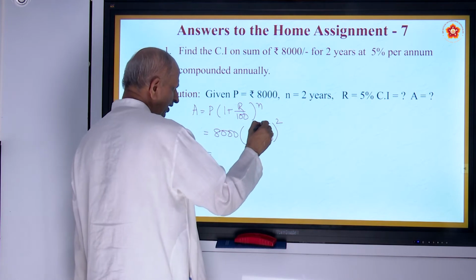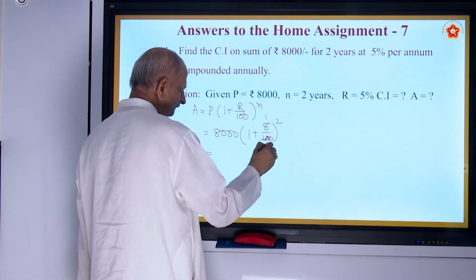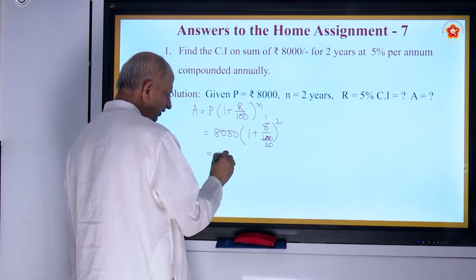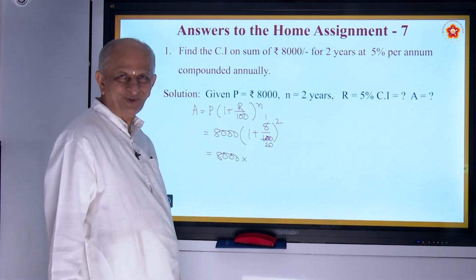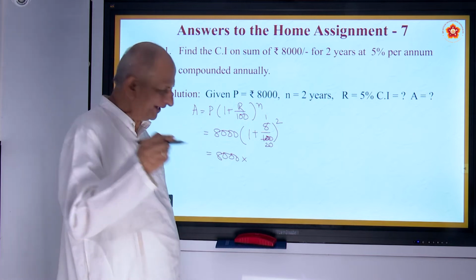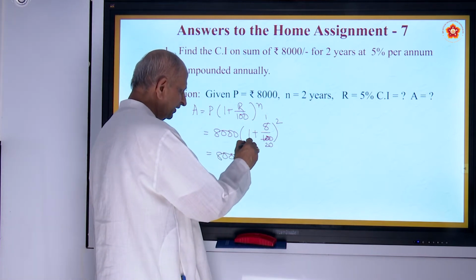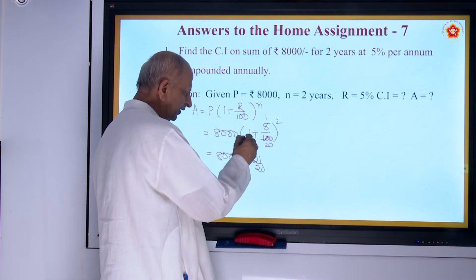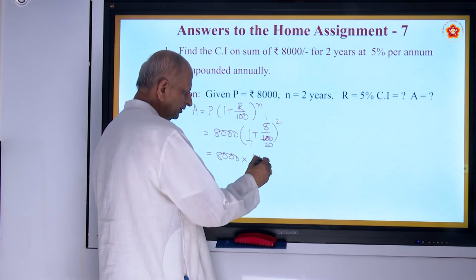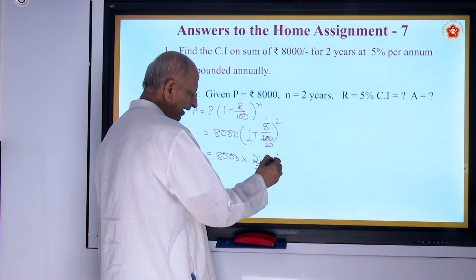So 5 ones are 5, 20s are. So 8000 into, come on, what to do? It will take LCM, correct? So if you take LCM, it will be 21 by 20. 20 plus 1, 21. How many times? Square means 2 times.